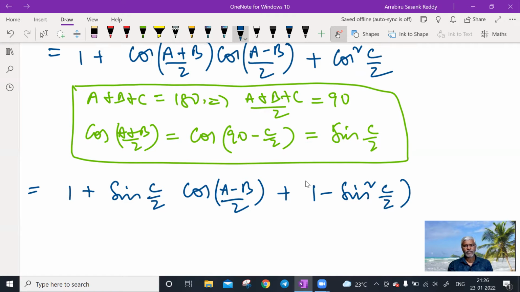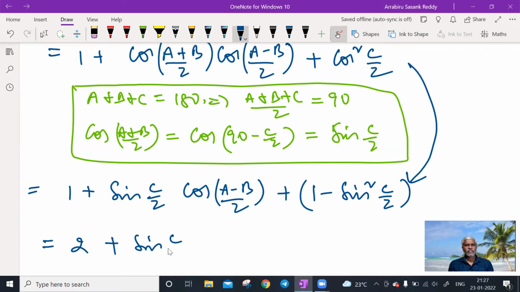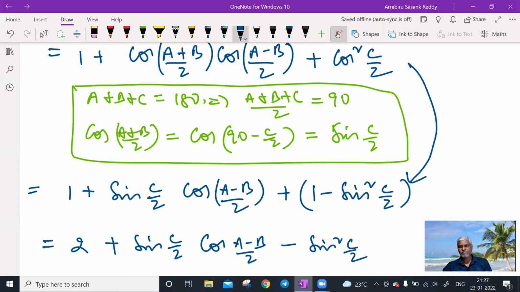Now 1 plus 1 becomes 2, plus sin c by 2 cos (a minus b) by 2 minus sin square c by 2.